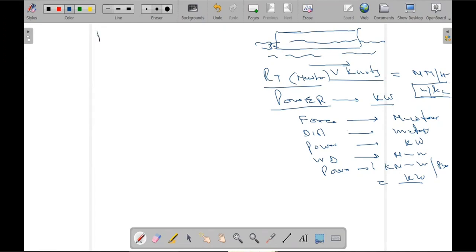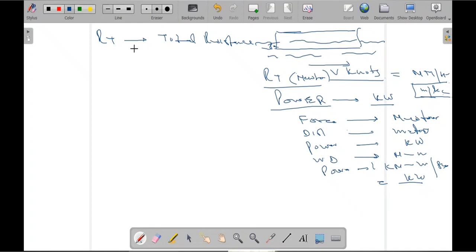This resistance we call as RT. RT represents the total resistance. So this is the resistance offered or experienced by the vessel because of movement in water.